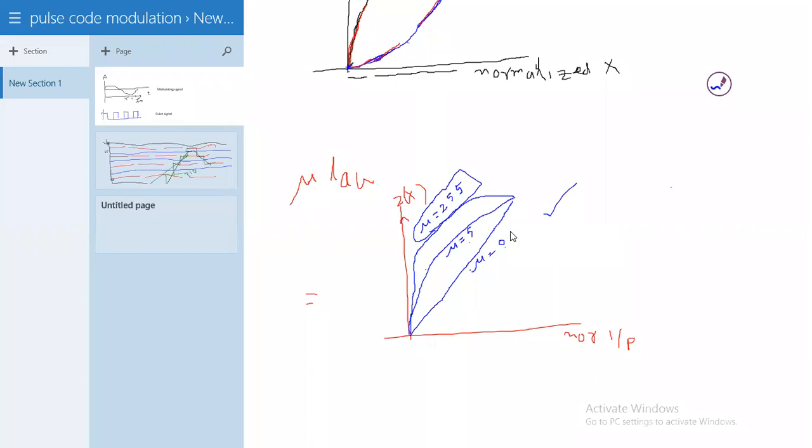Here if the input signal is a very weak signal, amplification takes place, and if the input signal increases, the compression also takes place. Compression also will be higher. Whatever may be the input signal, weak or strong, the output signal comes to the size that we want to maintain.